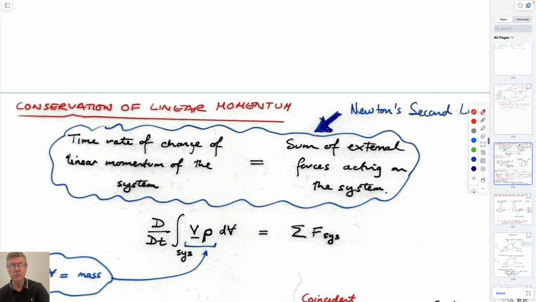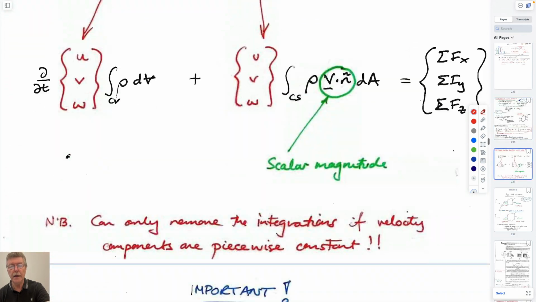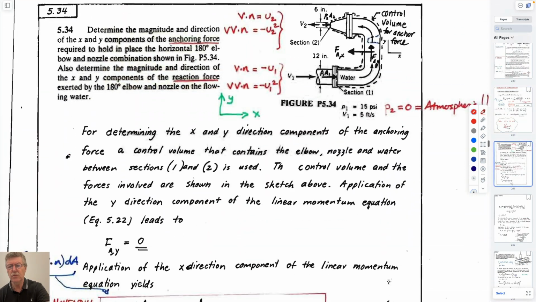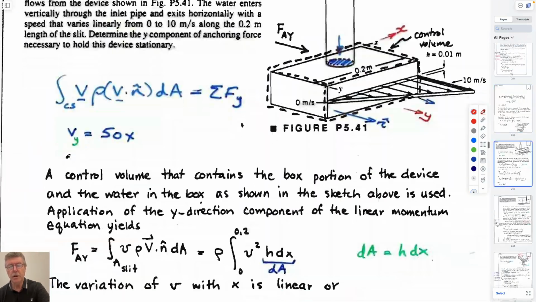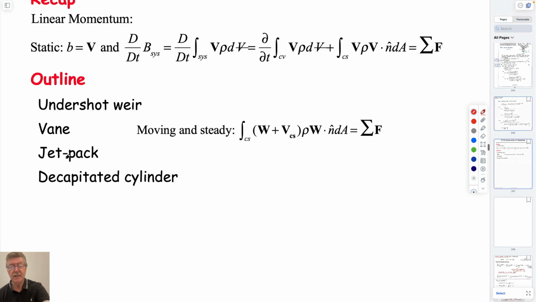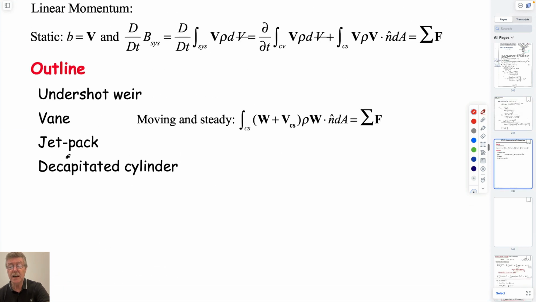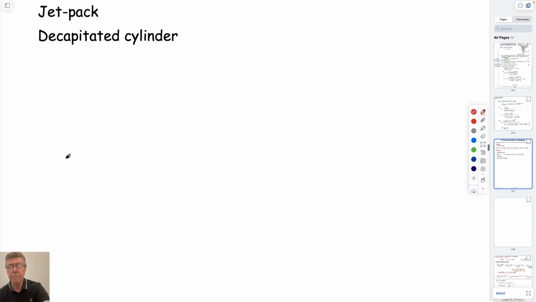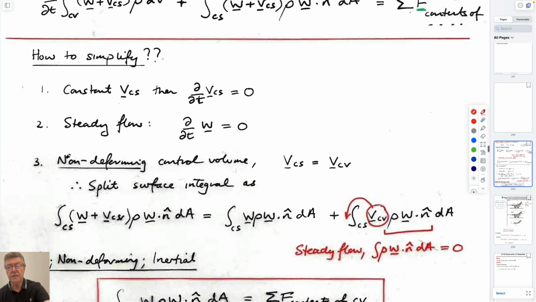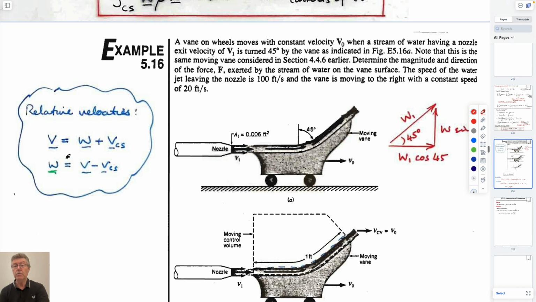Next time we will follow that to do some more examples of flows going around pipes and holding things in place. And the other more interesting thing that we will do is look at the idea of what we looked at today.